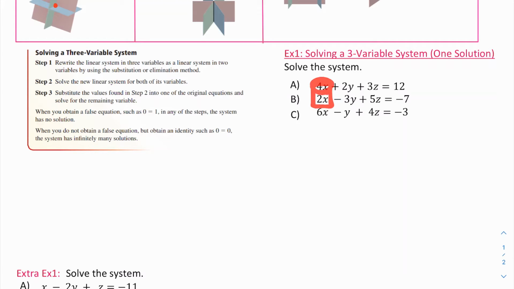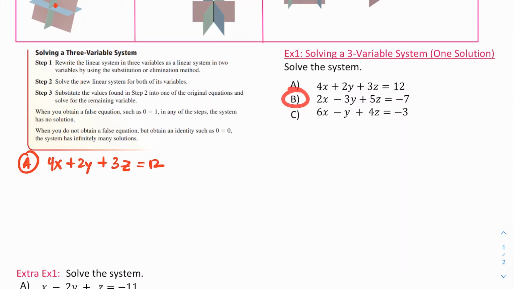I'm going to have the top one be 4x, and I'm going to make the second one be negative 4x. So I'm going to use equation A exactly how it is. Okay, so equation A. I'm going to set it up over here. Equation A is 4x plus 2y plus 3z equals 12.